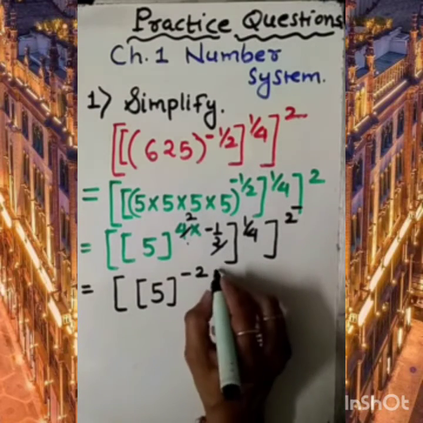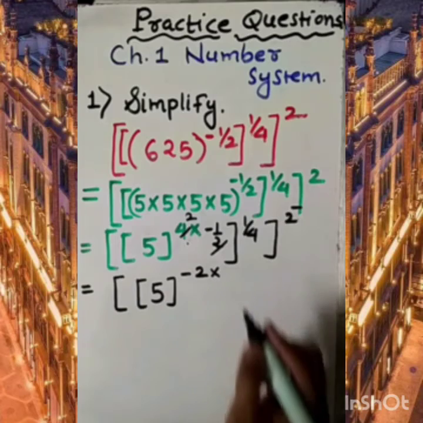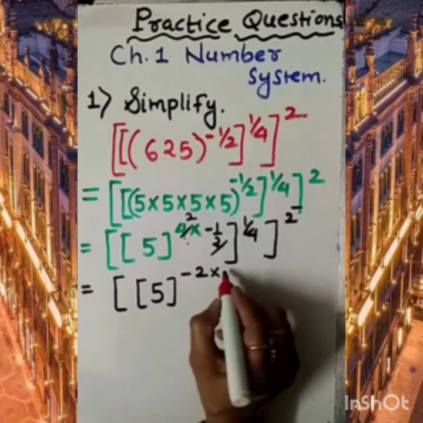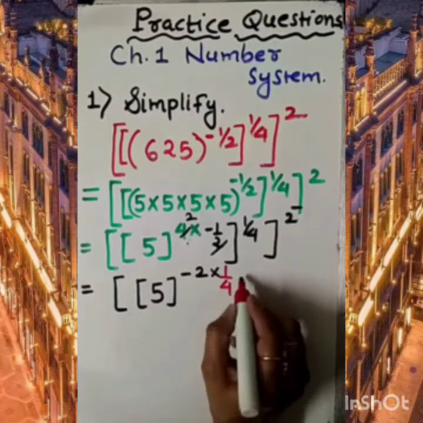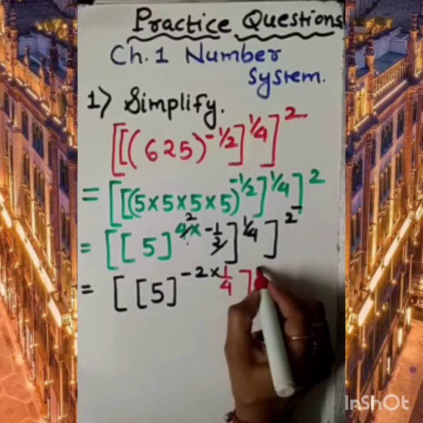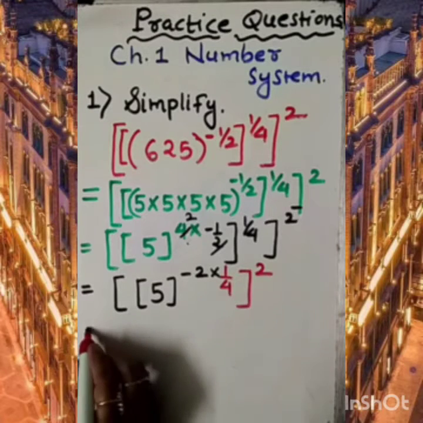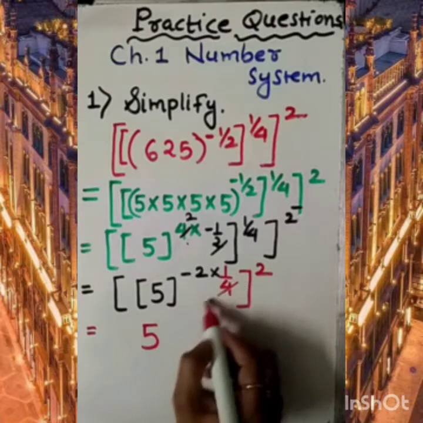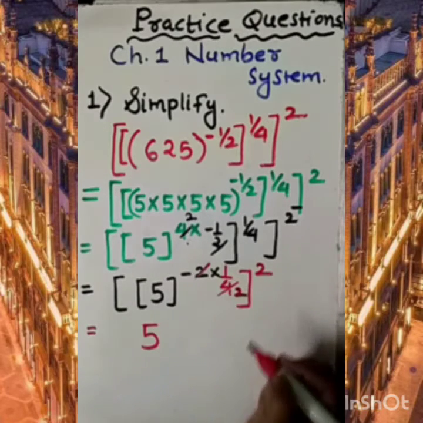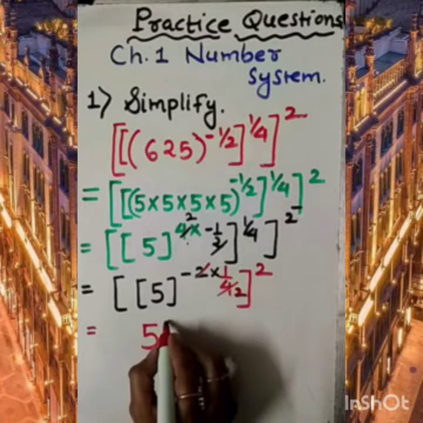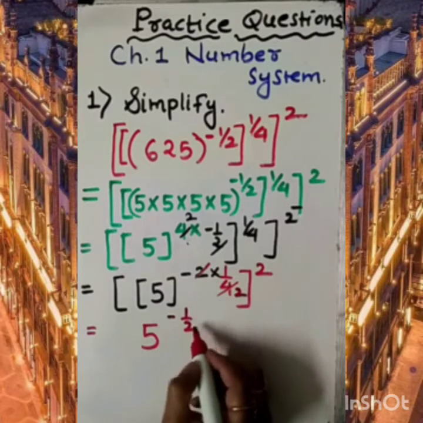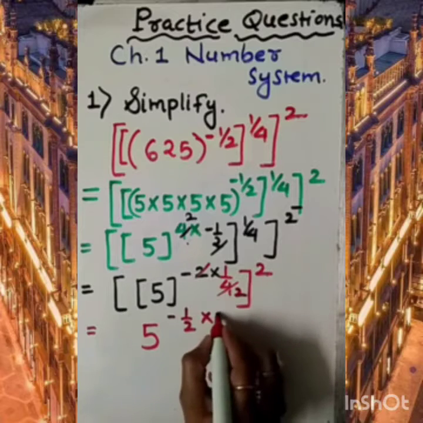Now I am removing this square bracket and multiplying this 1 by 4 with the power of this, so here I multiply this with this, and here it will remain 2. Now let's simplify further. This will be cancelled, so here it will be 2. So 5 will have minus 1 half power, and this is 2.